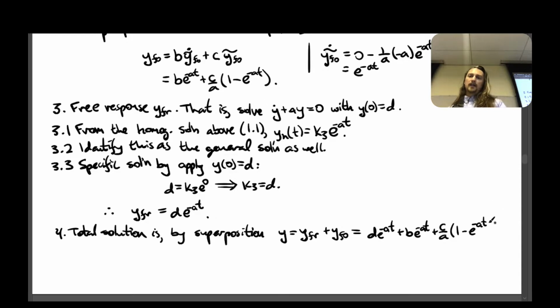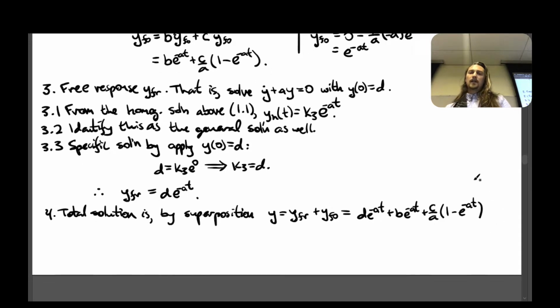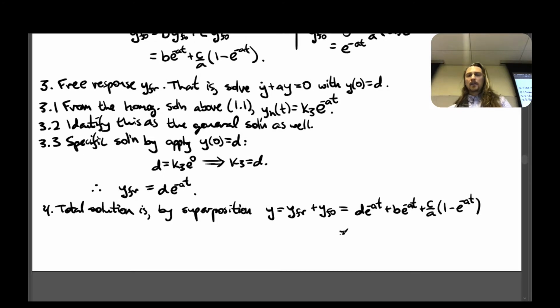So to simplify a little bit, we can collect all the e to the minus at terms. So we will say we've got a d plus b minus c over a times e to the minus at plus c over a.